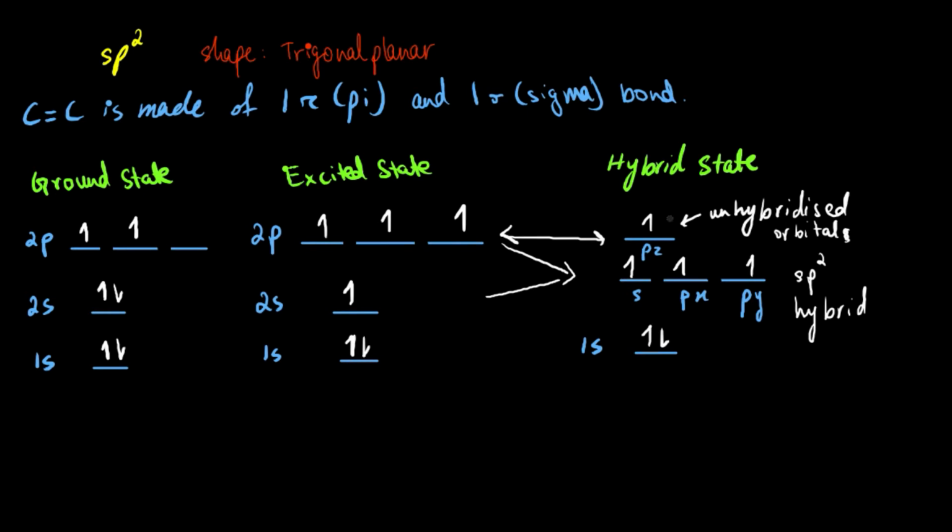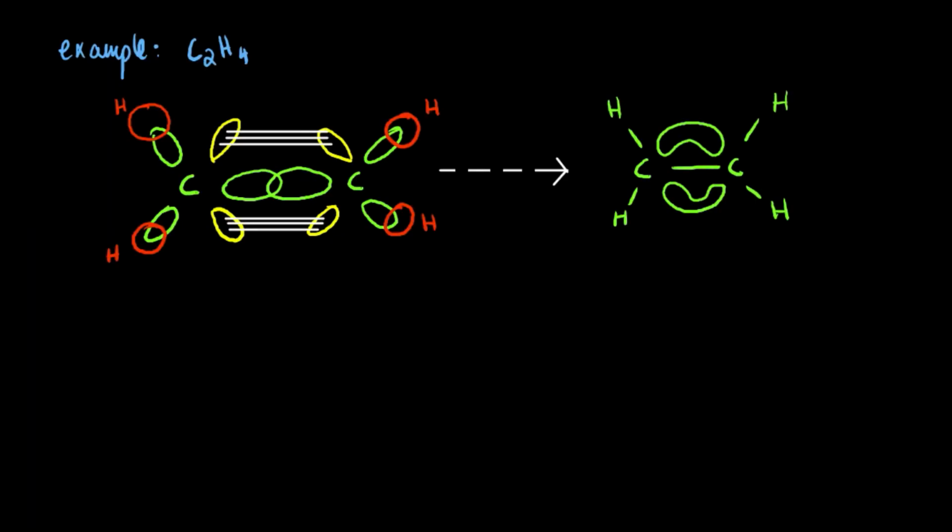Over here we use the example of C2H4, ethene. Why do we use that? We use it because we know the structure of ethene is something like this.